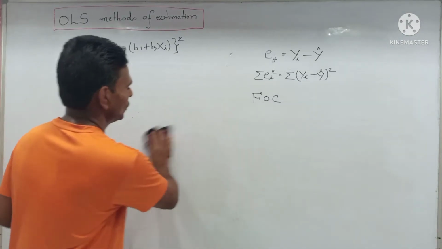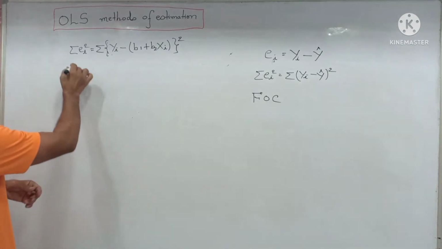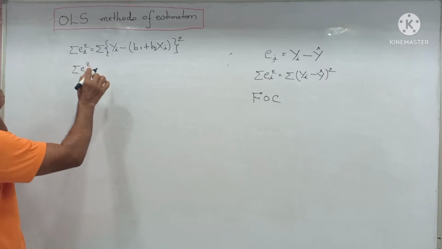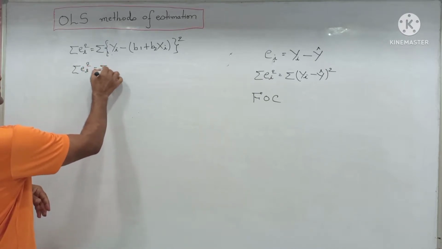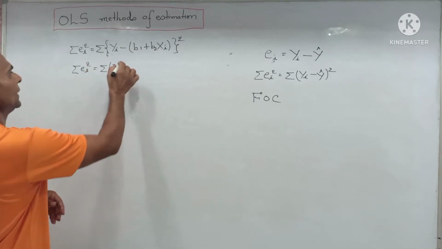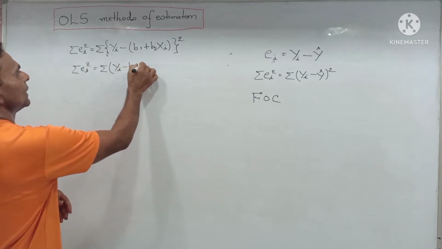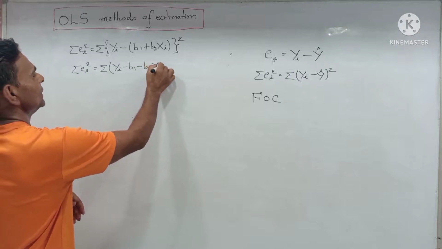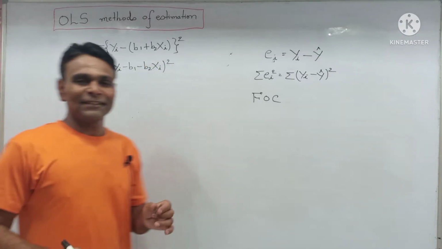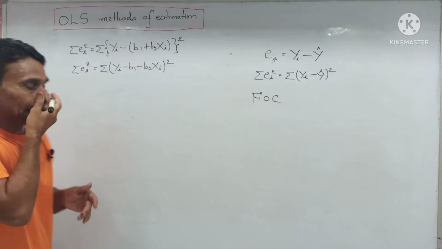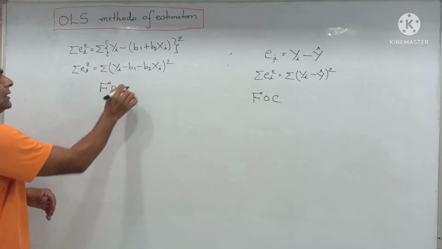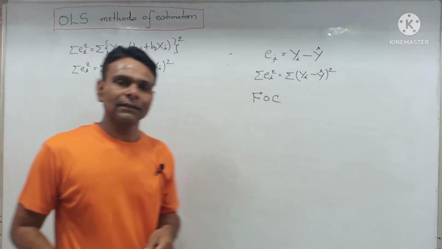Now solve it a little bit, arrange it. Summation of e square equals summation of (yi minus b1 minus beta 2 xi) whole square. And we know what the minimization condition is: first order derivative equal to 0 and second order derivative greater than 0.